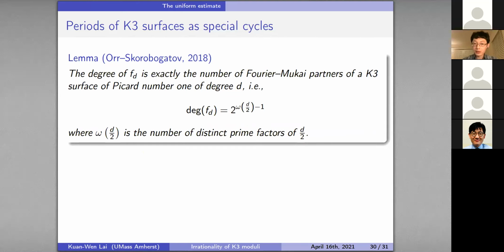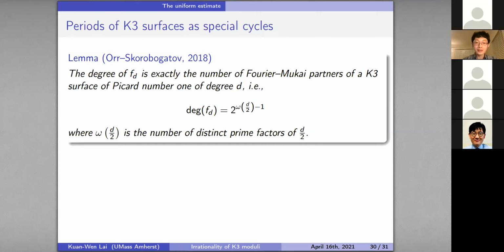This basically tells us that if you have two K3 surfaces in P_D that are mapped to the same point in P sharp, then you are able to construct an isomorphism between their primitive lattices which also preserves the Hodge structure. This is basically the idea of this lemma.